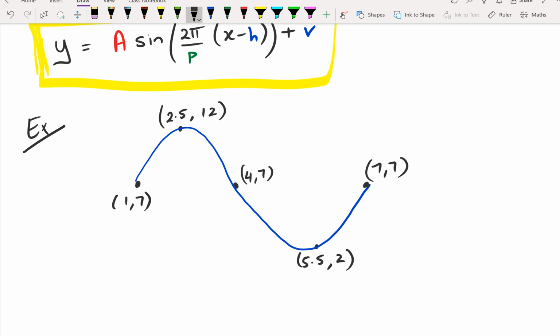So let's say in this example, you've got those five points there. I hope I got it right because I'm tired from this traveling. But anyway, here we go.